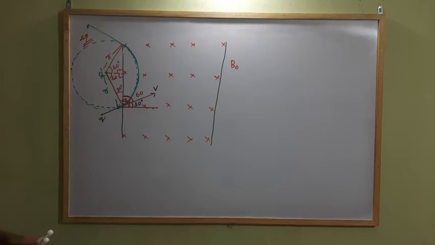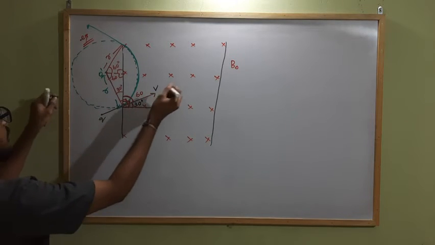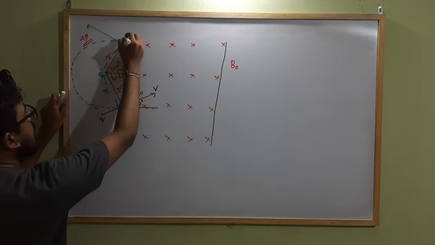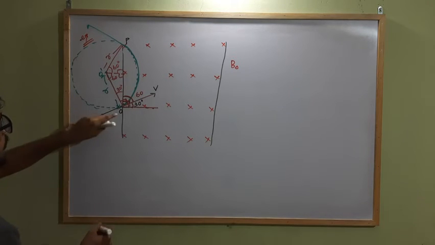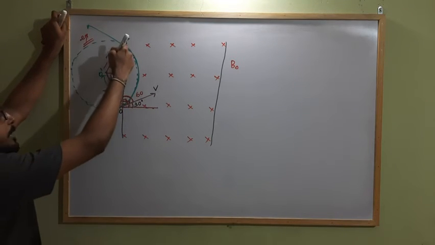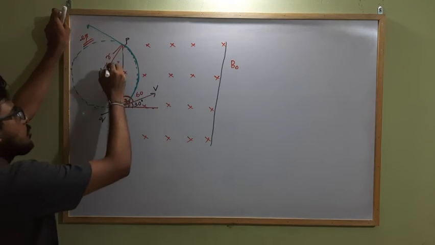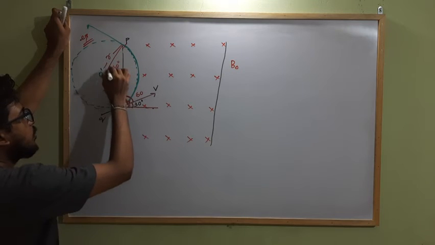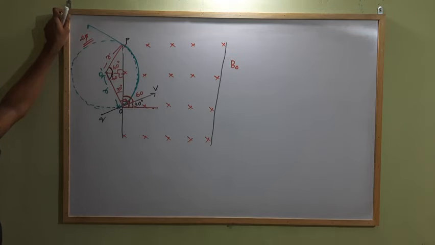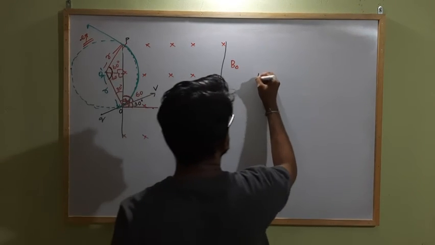Clear? So the complete angle from here to here, let it be O, let it be P. From O to P, the particle will remain within the magnetic field, and at P it will go tangentially. So the total angle P O dash O is how much? 60 plus 60, and this can be written as omega t.